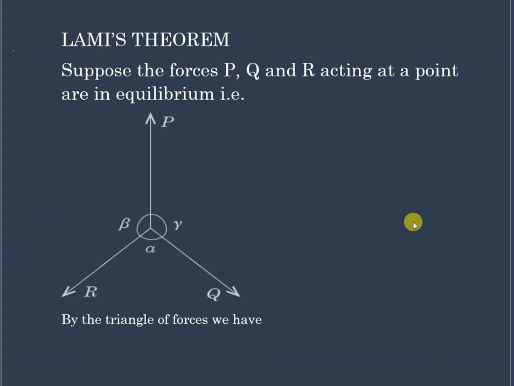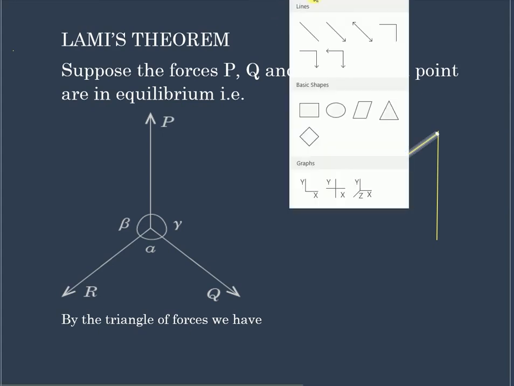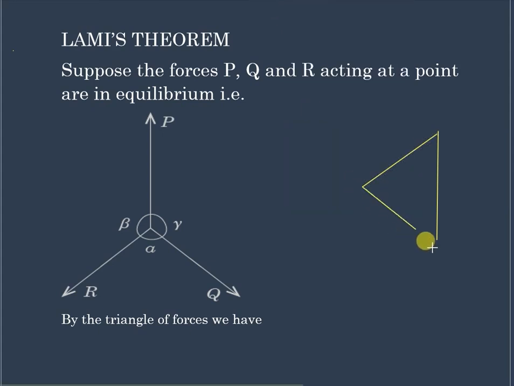You have a force P acting upwards, and you have another force at the end of P. You have another force, this one acting like that is force R, and then at the end of R you have that force.